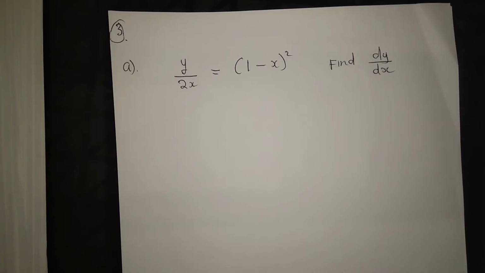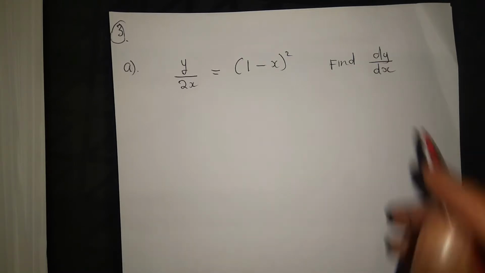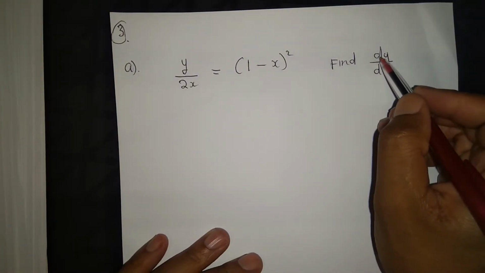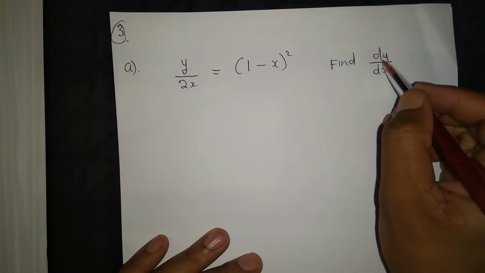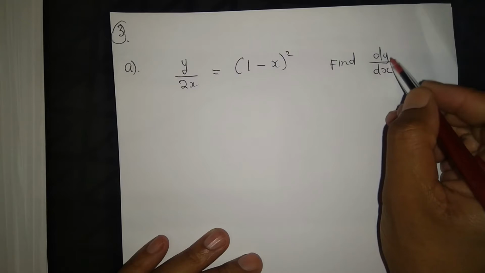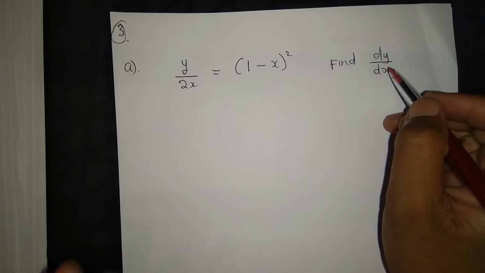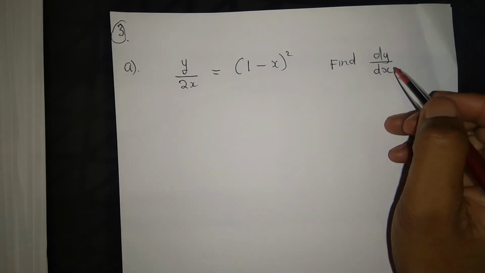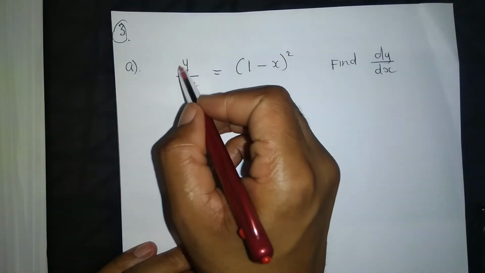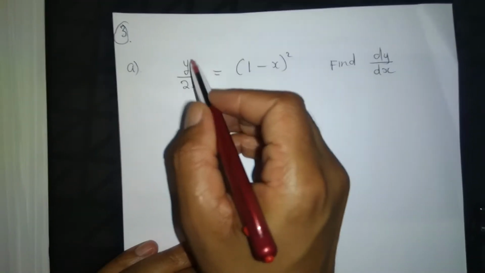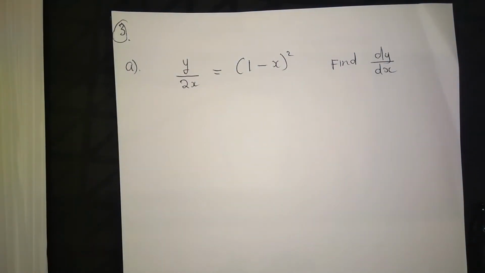The first thing is to manipulate the formula, because we want to find a derivative, dy over dx. The function must be represented as y in terms of x. In other words, make y the subject of the formula.